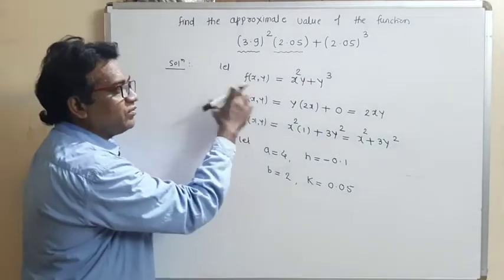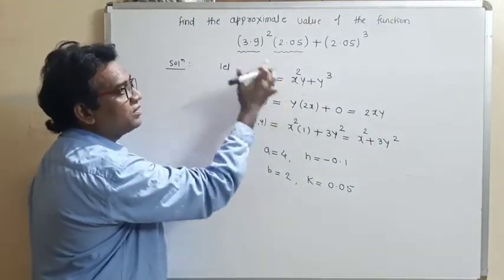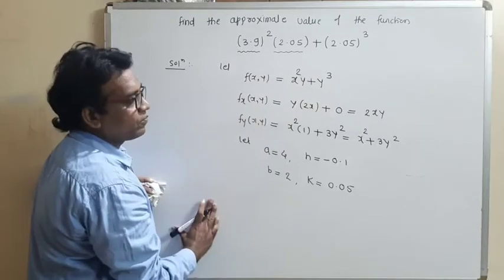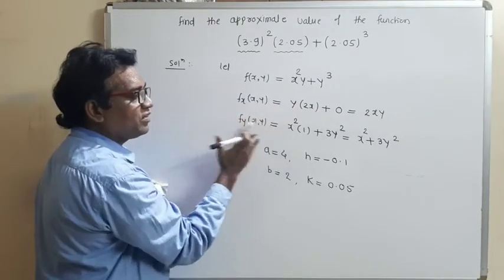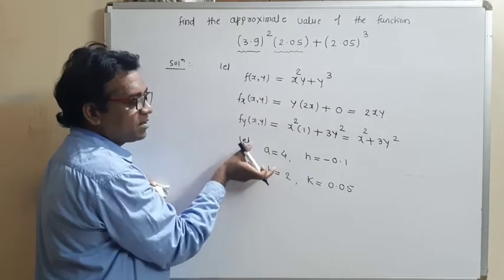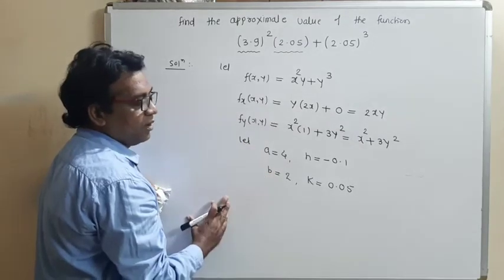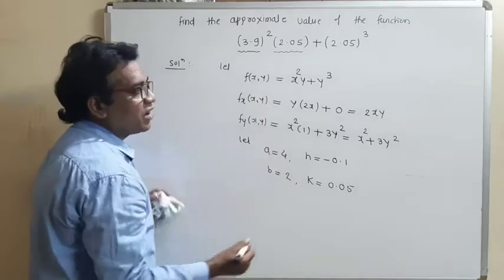First of all, take the given function. What is our required function? This is x square y plus y cube. From the given function, find out the partial derivatives fx and fy, and let us select some numerical values. Now let us find out the functional values.